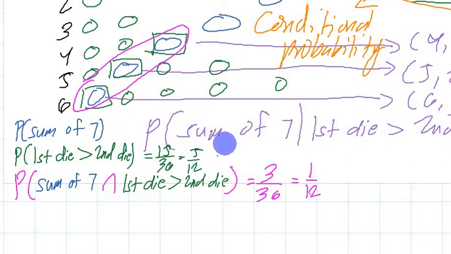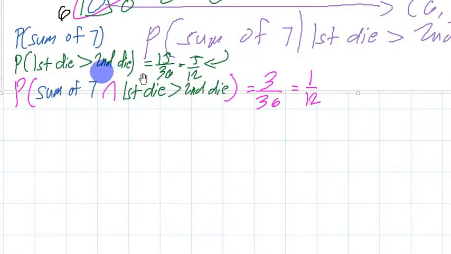This would be our basis for our new probability, which is, provided this happened first, we want to know what are the chances of getting these ones, which is the probability of sum of 7 and the first die is greater than the second die here. In other words, we want to know the probability of this happening out of this happening, and we usually express probabilities as a fraction. So we write this one again.